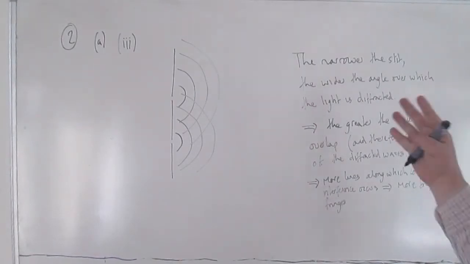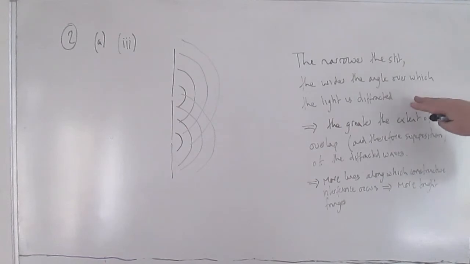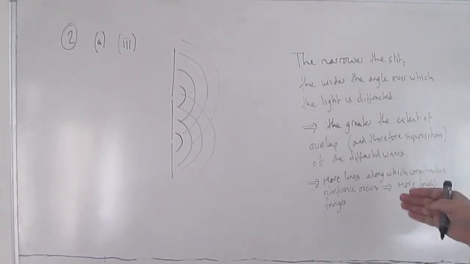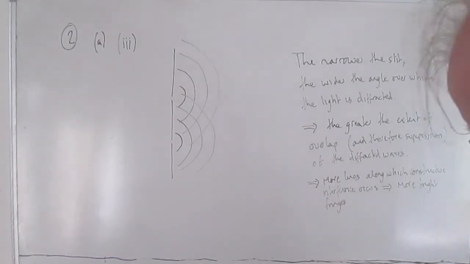So that's what you need to get. That's the key idea: the narrower the slit, the wider the angle range, and the consequence of that is that you get more superposition. The broader that angular range and the more superposition you get, the more lines along which you get constructive interference, so the more bright fringes you'll observe.